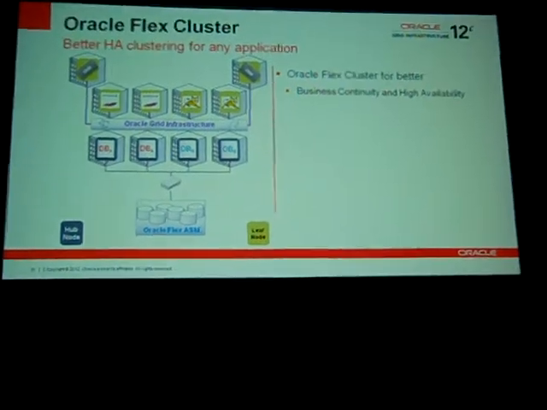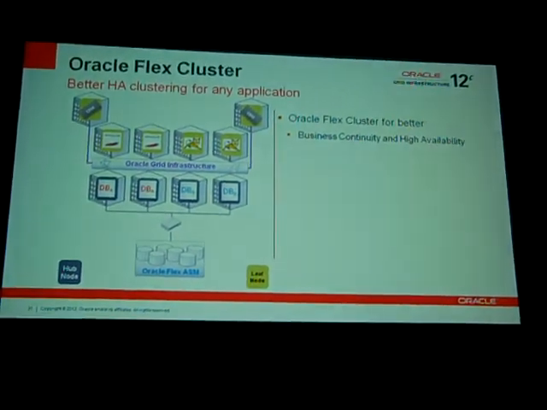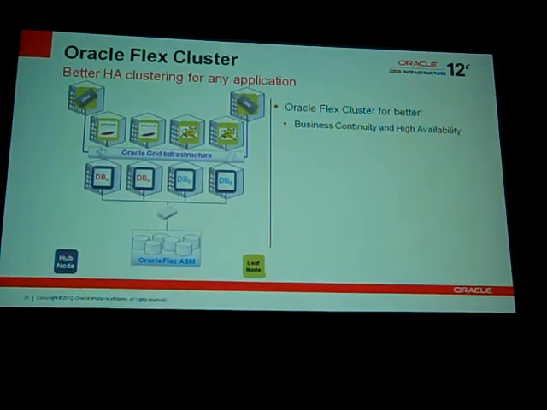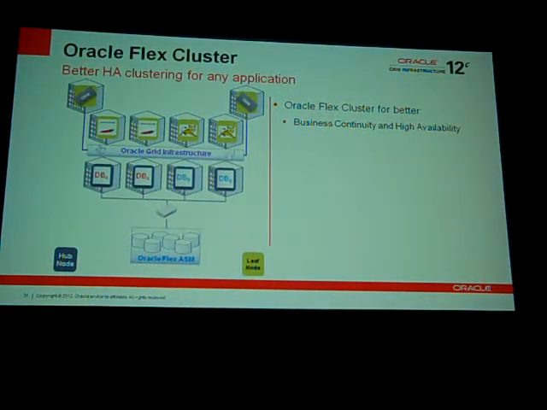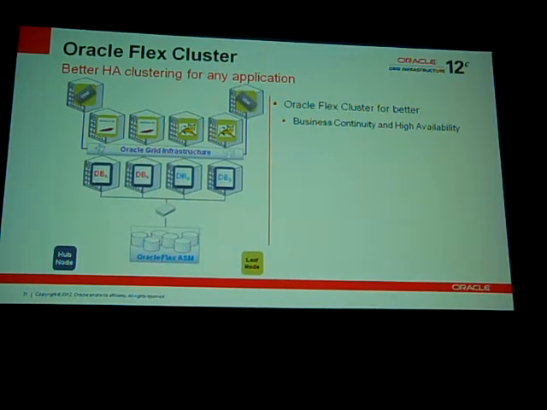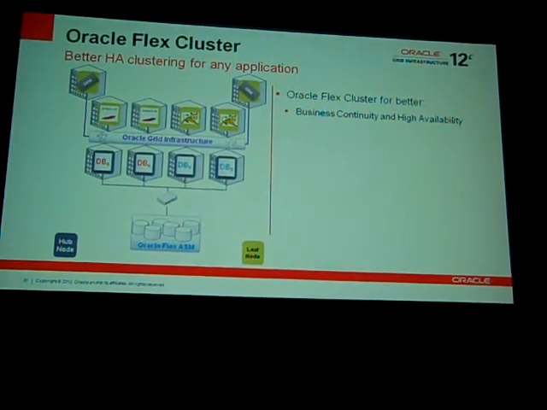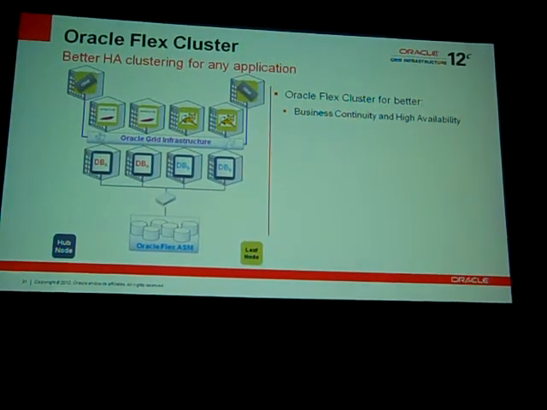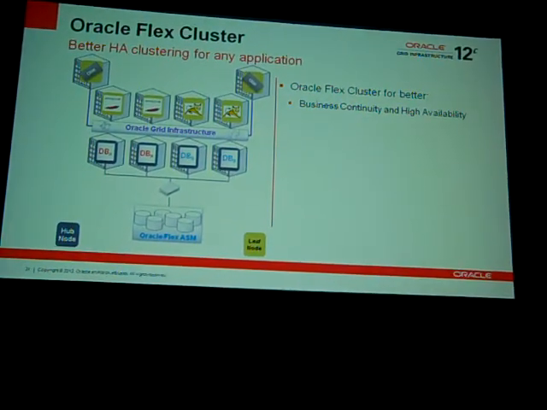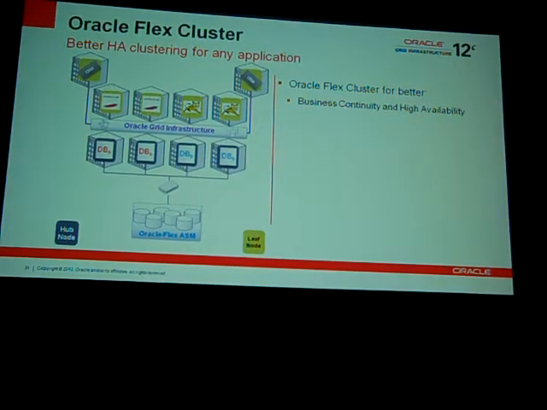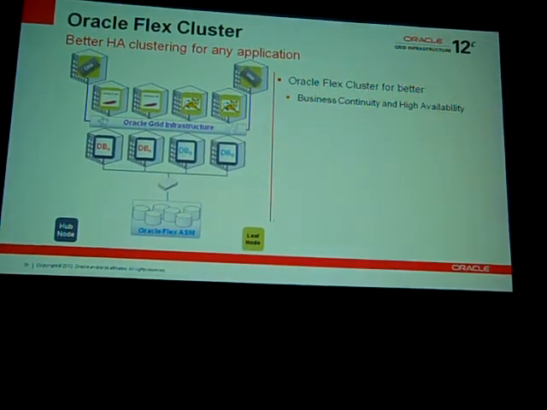So in terms of planned and unplanned outage, we can manage it much better. So unplanned outage, you have all of the failover and restart semantics that you possibly could have in the database tier. But you also have the online relocation to manage planned outages. So for example, if I needed to take that server down for either OS or hardware maintenance, relocate the applications running on that server to a peer leaf server.